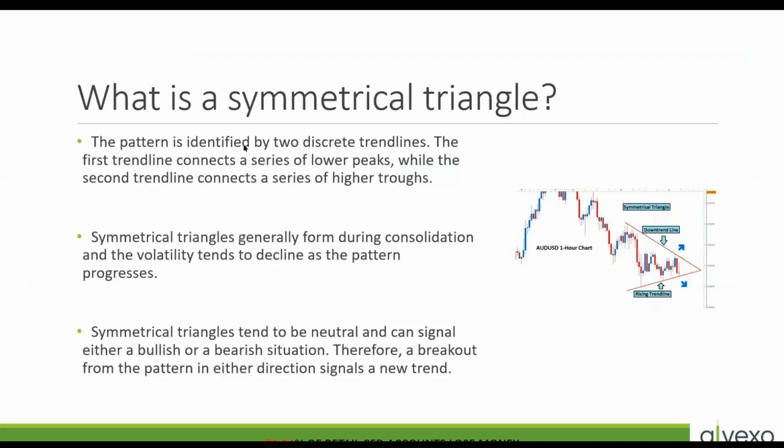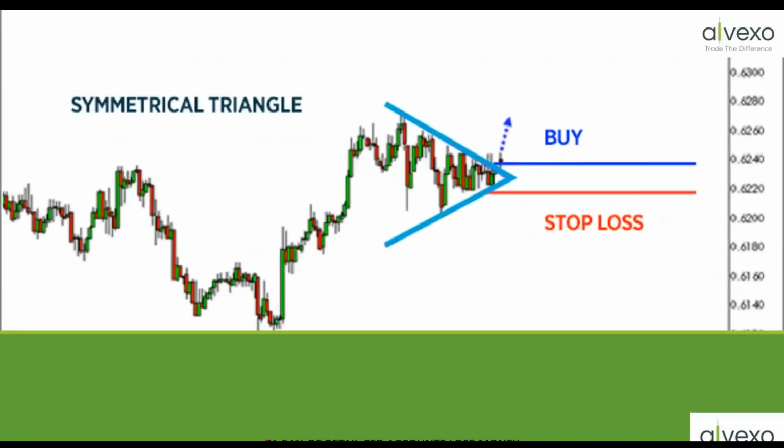Now, the rule of thumb, whether it's a symmetrical, ascending, or descending triangle, no matter what it is, is to wait for the candle to break out and wait for the next candle to be your confirmation candle. And you would possibly consider opening a trade on the third candle.